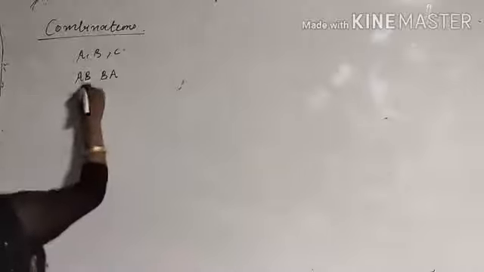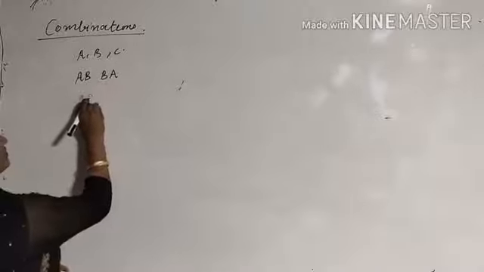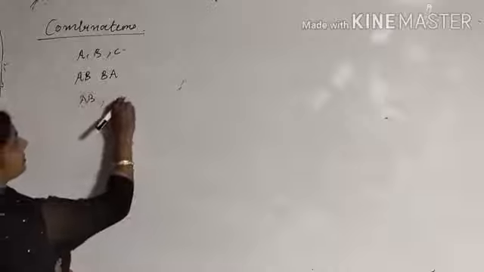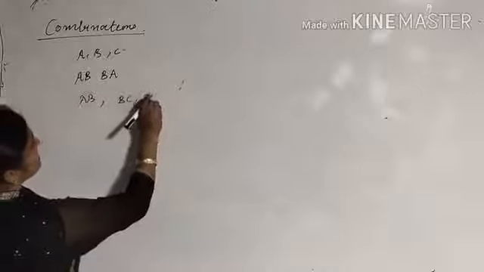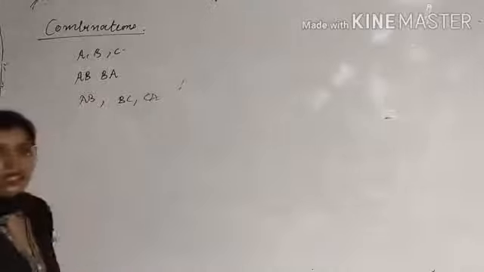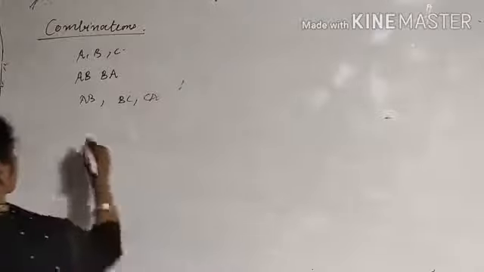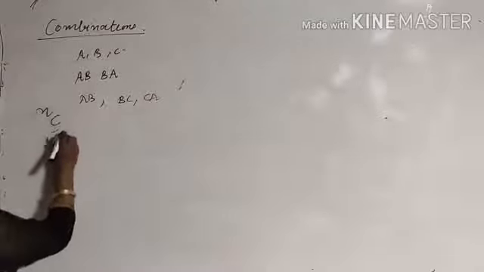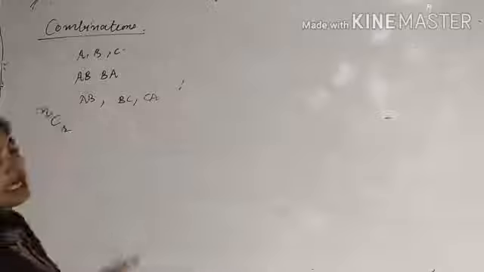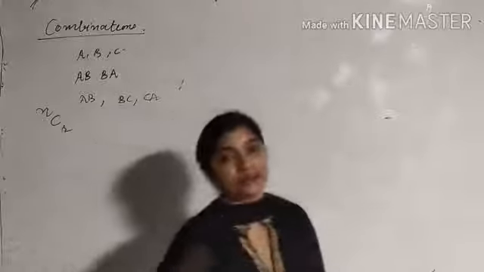So we have only three groups, one from A and B, second from B and C, and third from C and A. So the number of combinations of n objects taking R at a time is given by nCR.